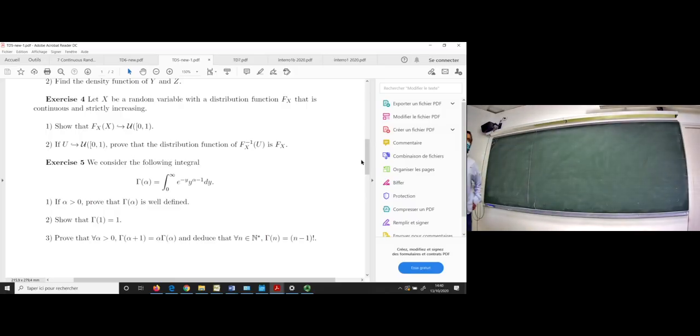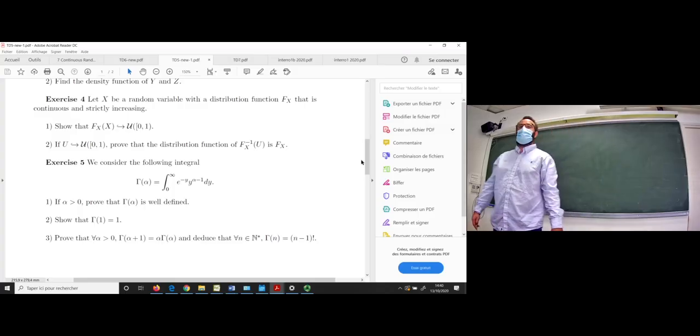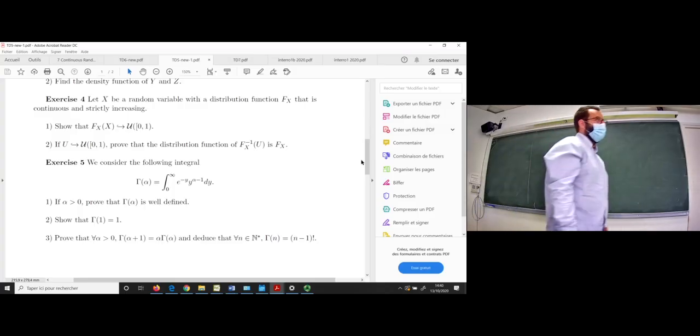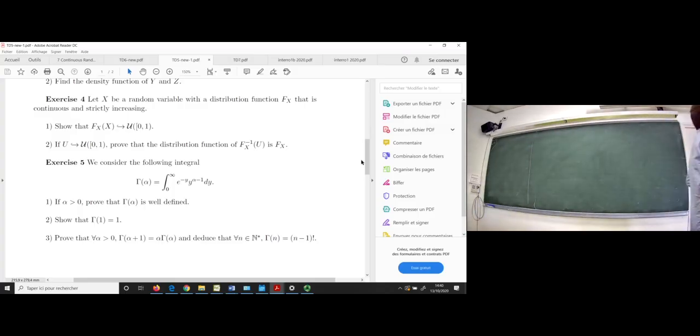So I consider a random variable capital X with a distribution function that is continuous, so it's exactly the definition of a continuous random variable, one with a distribution function that is continuous. And I suppose a little bit more here than my initial definition: I suppose that my distribution function is strictly increasing. Okay?